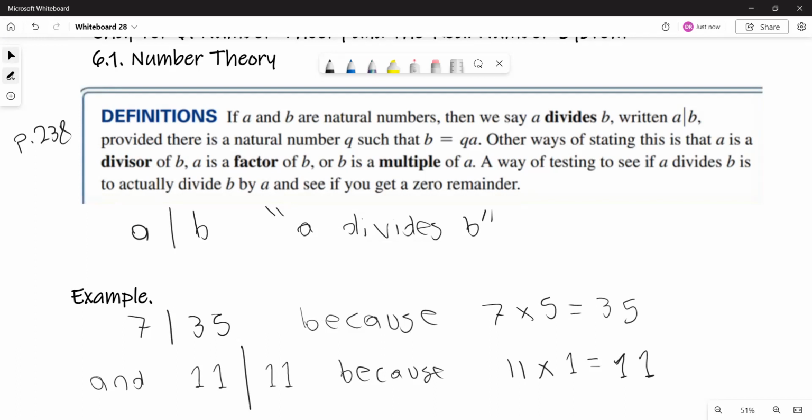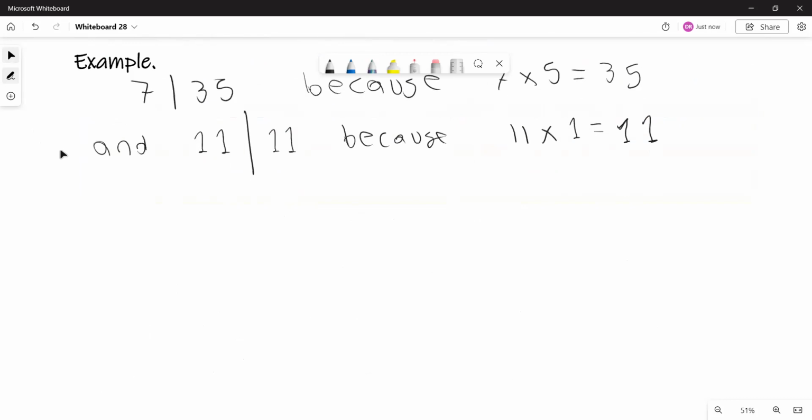Okay, with this in mind, I'll give you the definition of a prime number. I'm copying this definition from page 239.